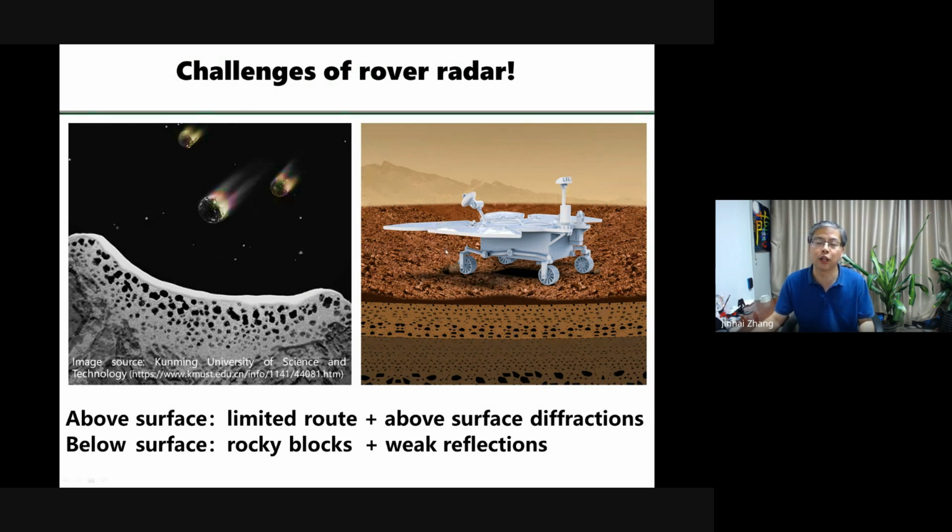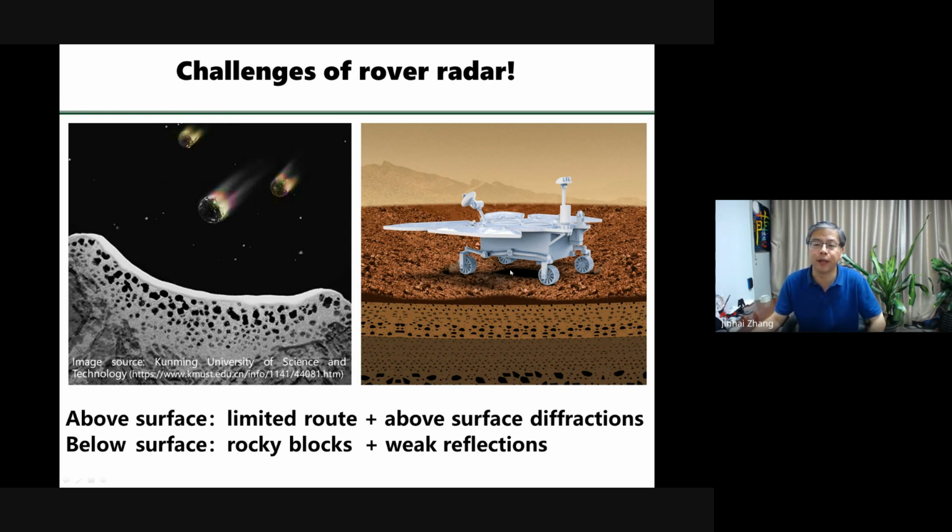So for GPR detection, besides the strong heterogeneity of the subsurface structure, we also have many above-surface reflections, because the height of the rover could not be that low. It has to be high enough to make sure it will not be stopped by any obstacles. That means we have no shield to avoid the reflection from above-surface objects, such as rocks or the topography.